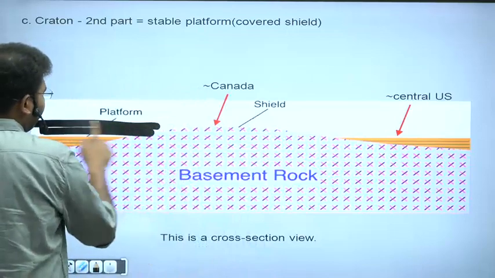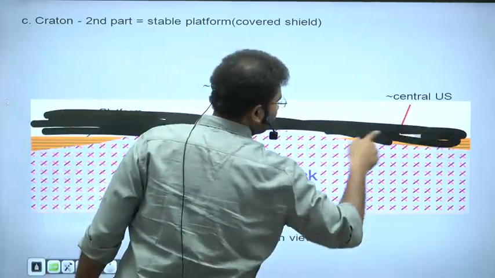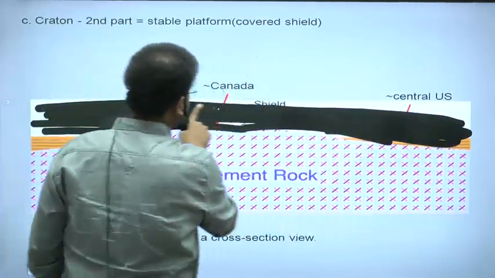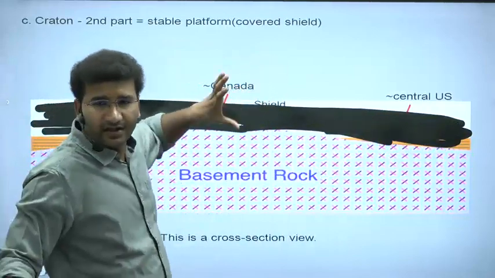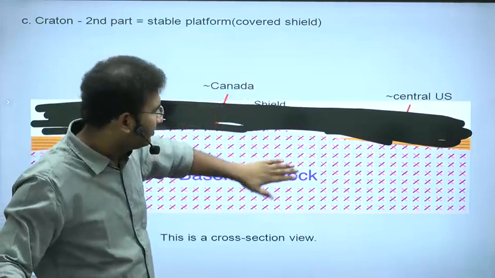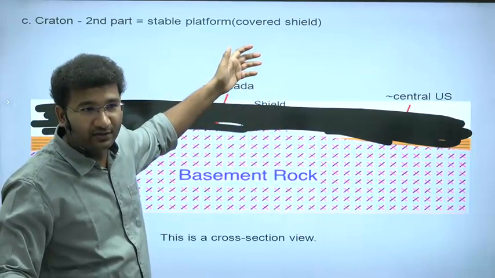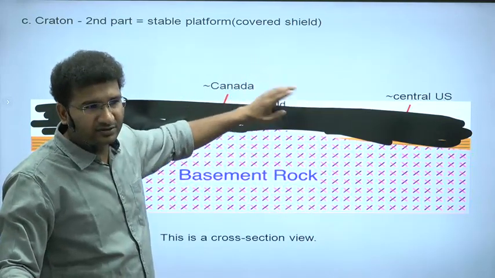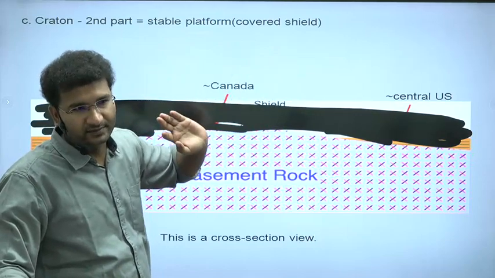There could be a layer of material that can be formed here. Yes, basement rock is formed by volcanoes. Right? There could be a landform depth of near about 100-150 meters above. Above 100-150 meters above this rock, you can find some mountains. You can find a plateau on this. Whatever landform you can think, it can be formed. All these are formed because of external forces or exogenetic forces.